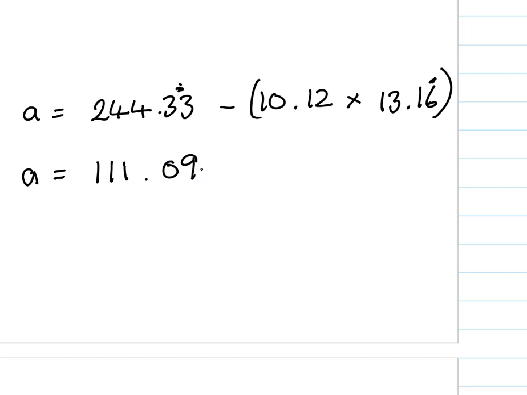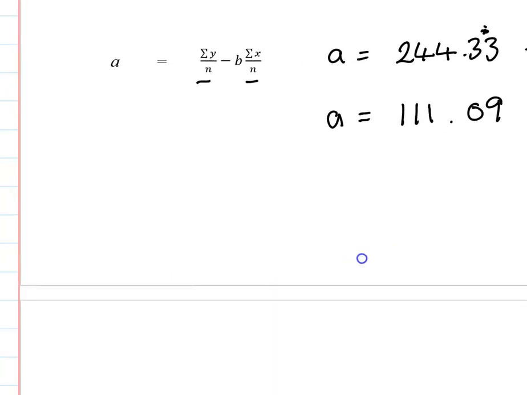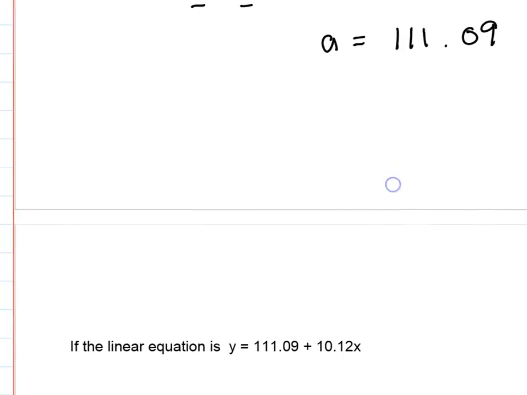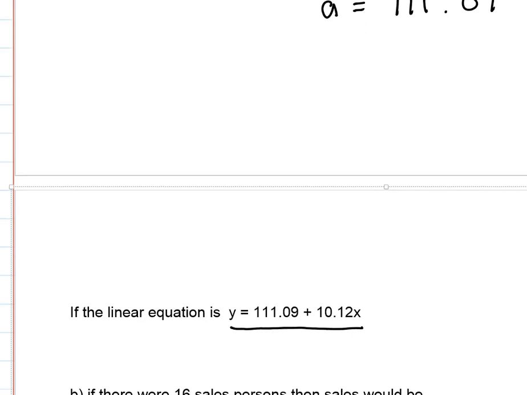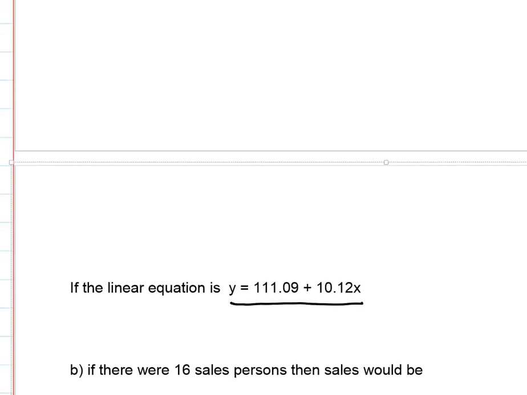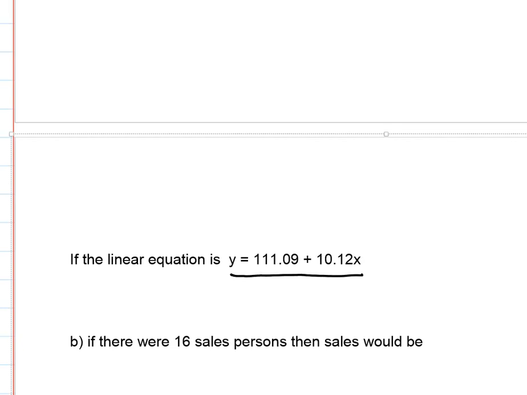We can now put all of this into our linear equation. And here we have our linear equation y equals 109 times 10x. So we can use it for our forecasting.